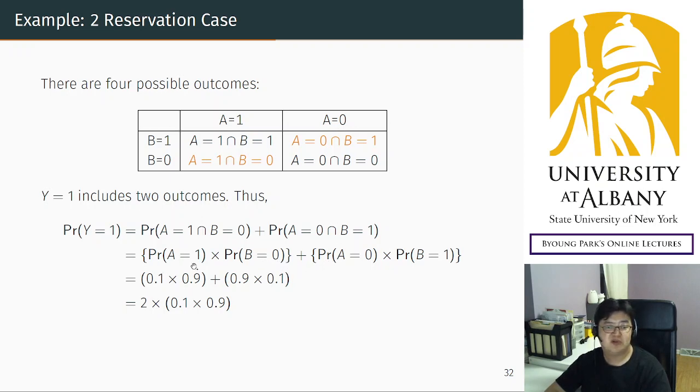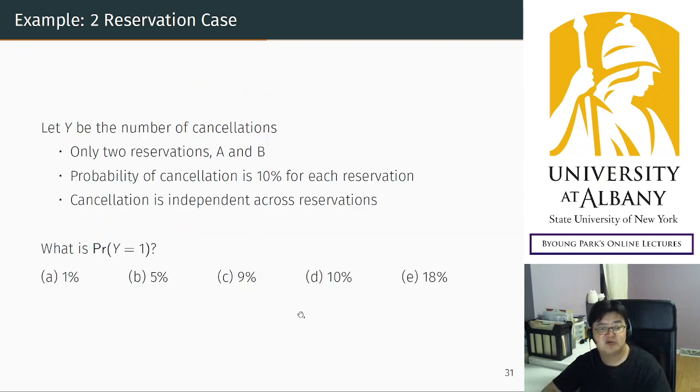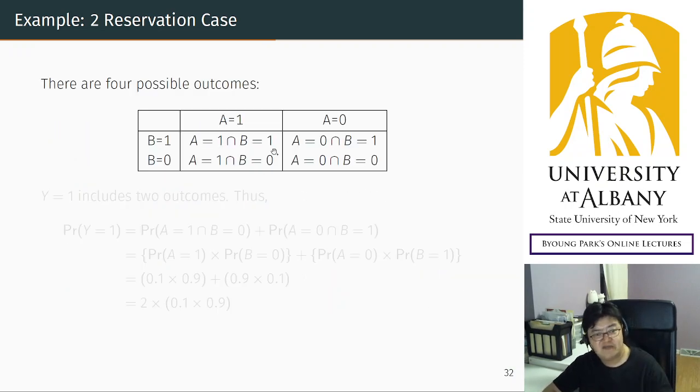So each of them has 9%, and there are two of them. So as a result, the answer is 18%, right? It's tricky. The answer is 18%, and it's clear if you think about the 2x2 outcome case.